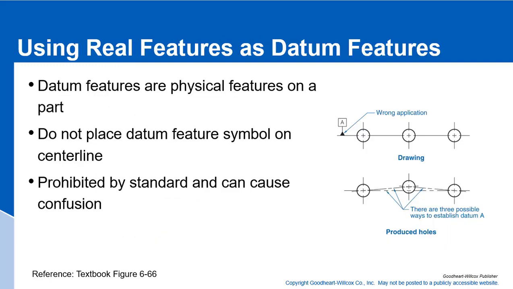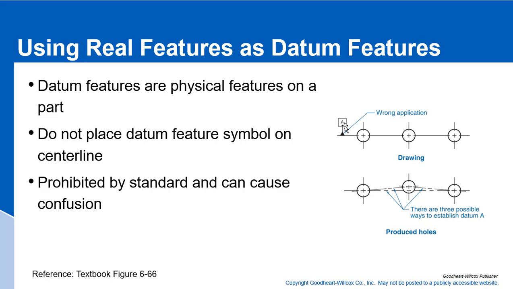Now, using real features as datum features. I want to bring this up again because it's really important. Datum features are physical features on a part. Do not place datum feature symbols on a center line. What we would do is put the datum feature on a surface and define a basic dimension from that surface to the position of these holes, and then establish a geometric tolerance for the position of these holes relative to that datum.